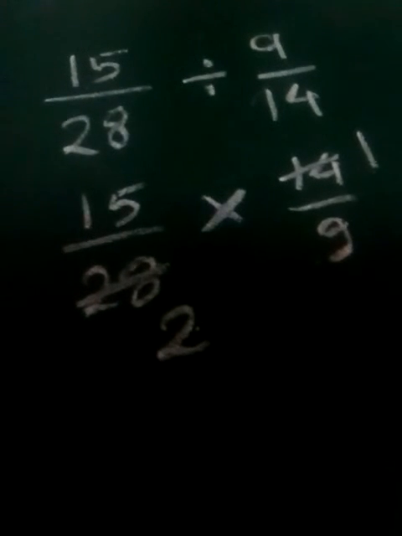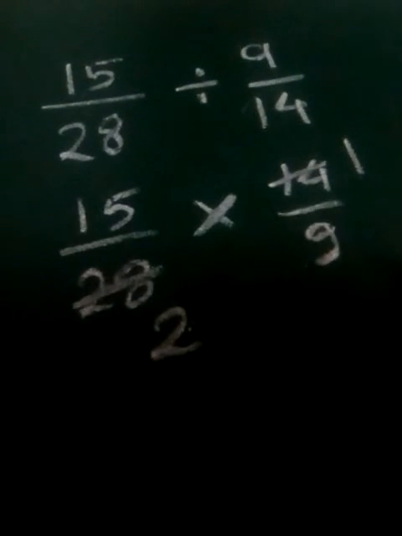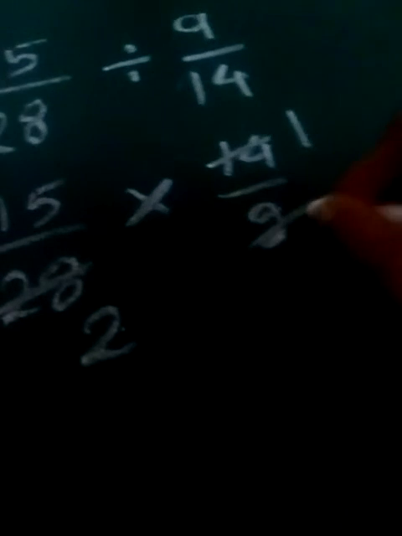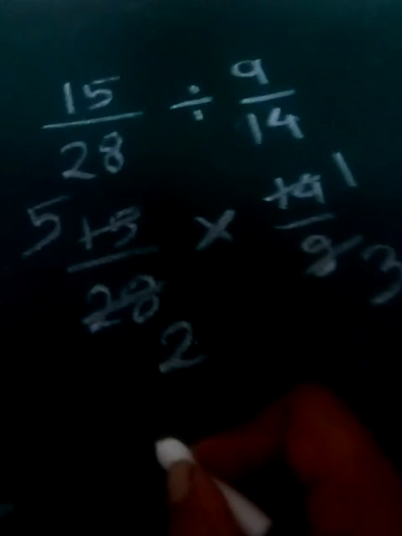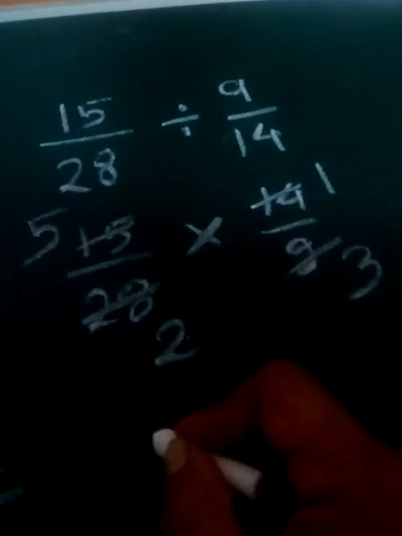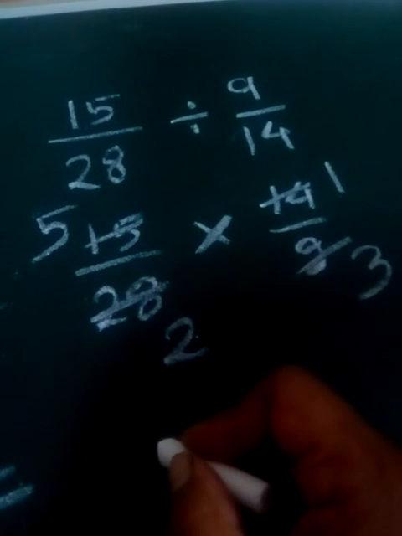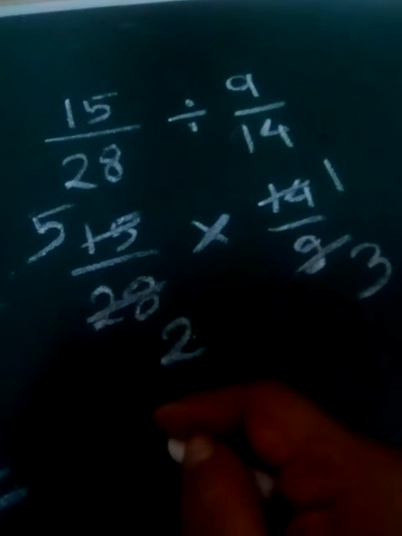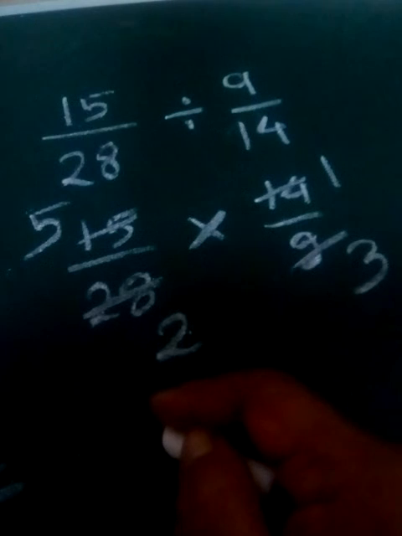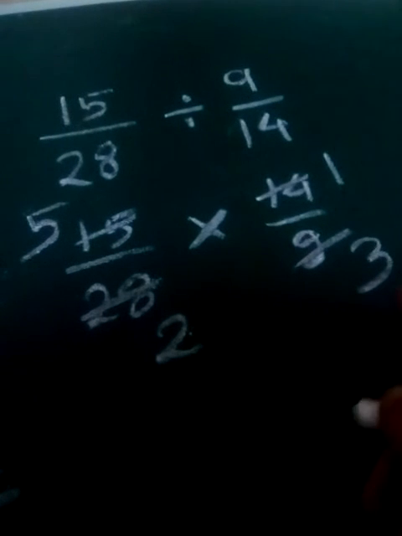So 3 threes are 9 and 3 fives are 15. Good. So what is the answer? 5 upon 2.